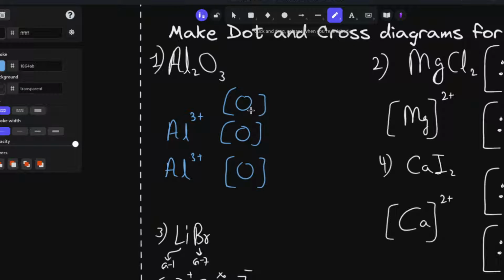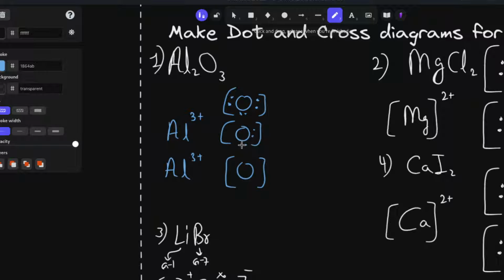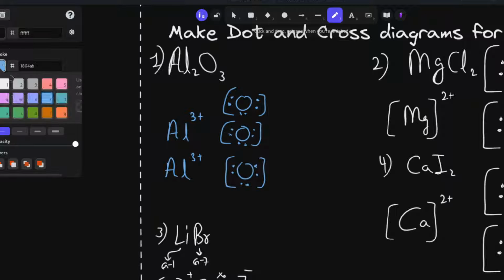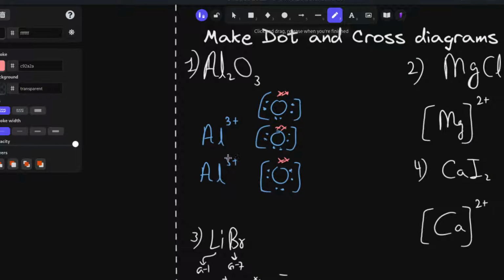Now, oxygens originally have 6 electrons, so 1, 2, 3, 4, 5, 6. 1, 2, 3, 4, 5, 6. And similarly here as well. And the other electrons must have been received by the aluminum. So we can just cross those out. This is the electrons from the aluminum.